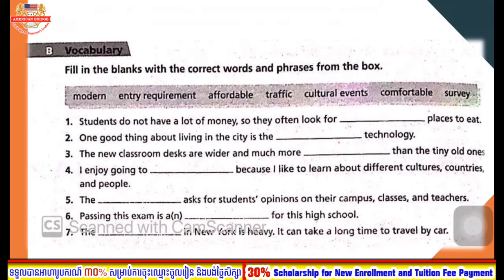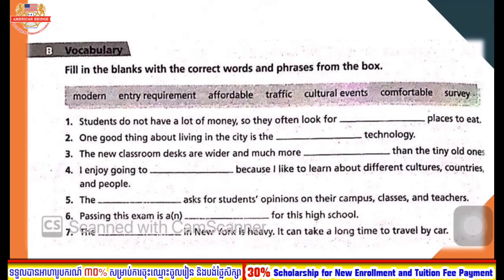So what? Passing the exam? To finish high school, you are required to get a high score to pass, that can be the requirement that the school sets so that you can be allowed to pass the high school. Okay, so passing this exam is an entry requirement for this high school.